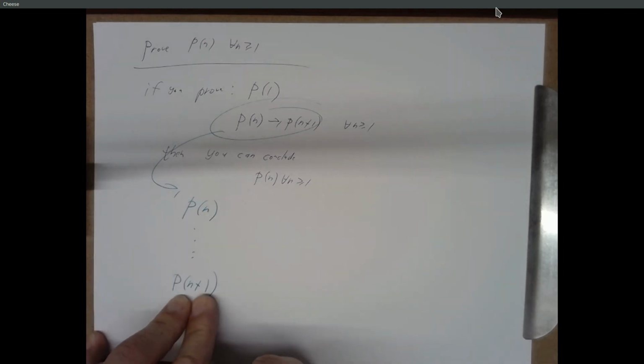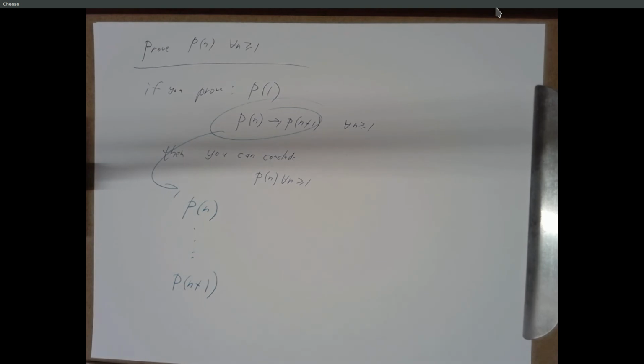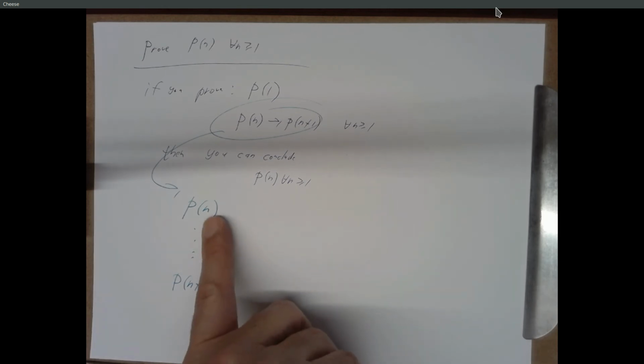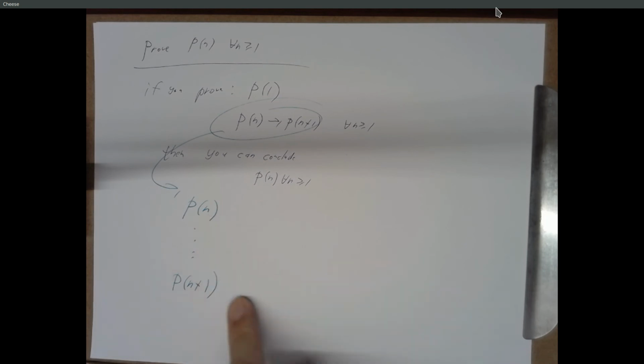In that case you can just do algebra and rearrange it to look exactly like P of n plus 1. But if it's, say, people throwing pies at each other, n people have a fight and there's a survivor, and now you have n plus 1 people and you somehow show that there's still a survivor because there was a survivor in this case. And that lets you prove n plus 1.